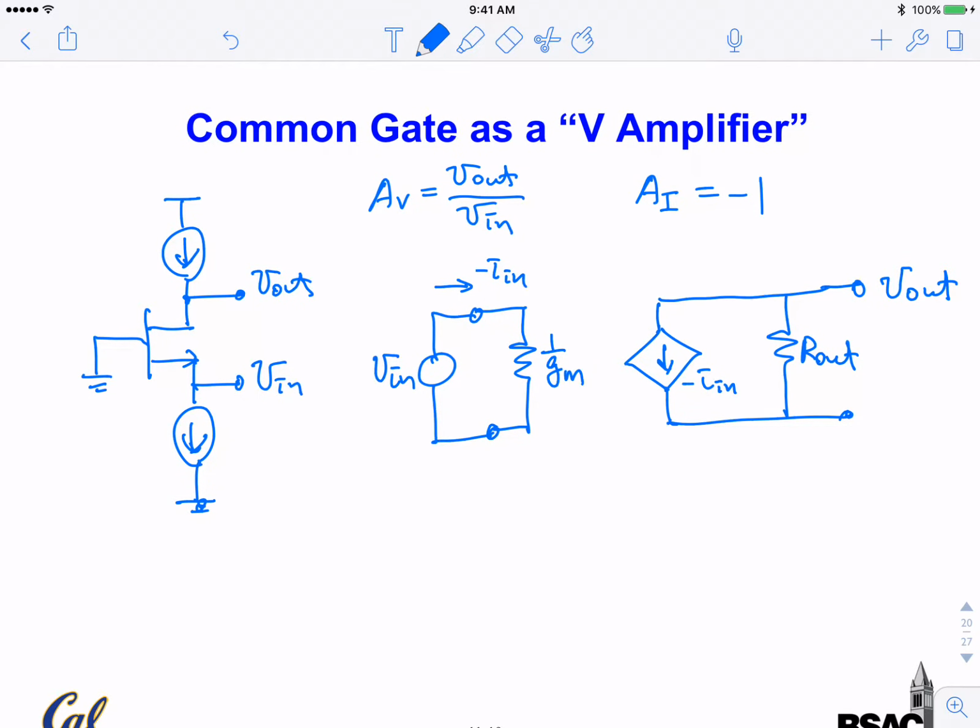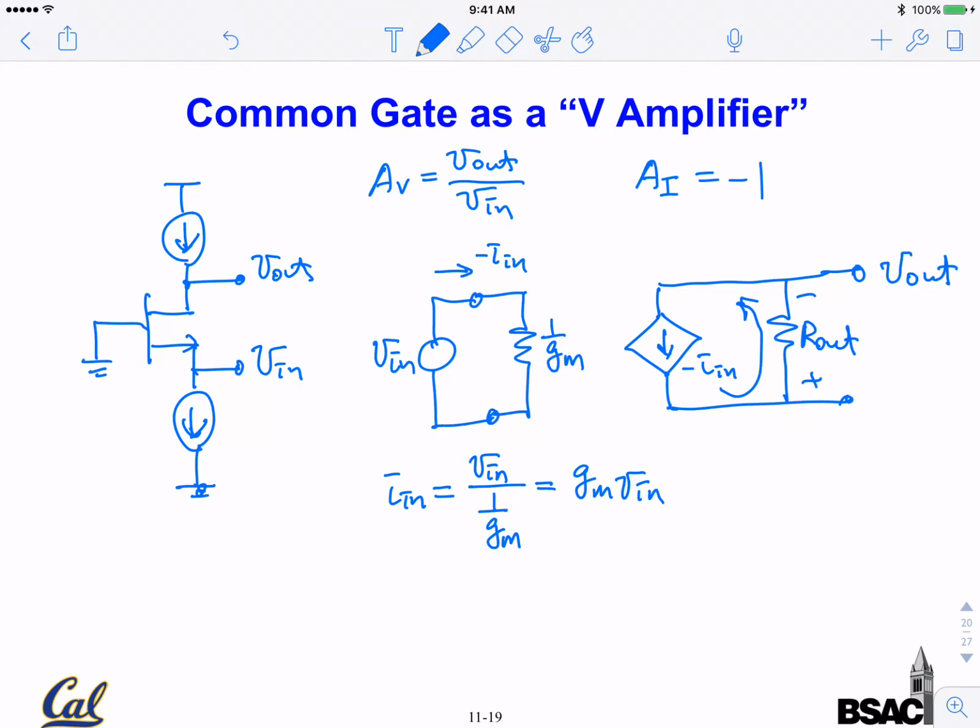Iin is very easy to find. It's simply Vin divided by the input resistance, which is 1 over Gm, so it equals Gm Vin. And Vout is simply this current multiplied by Rout.